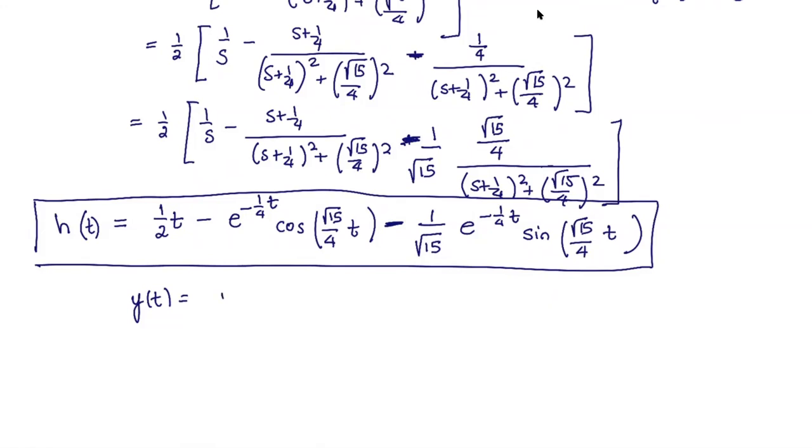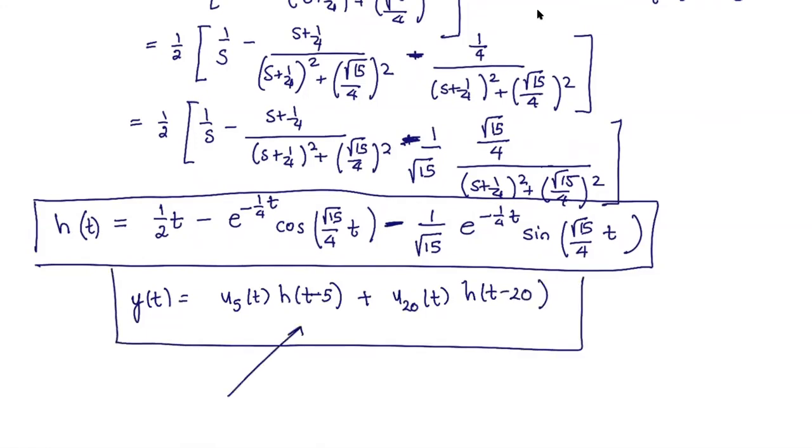If you recall, that would be u sub 5 of t times h of t minus 5 plus u sub 20 of t times h of t minus 20. And so this would be the solution of the differential equation.